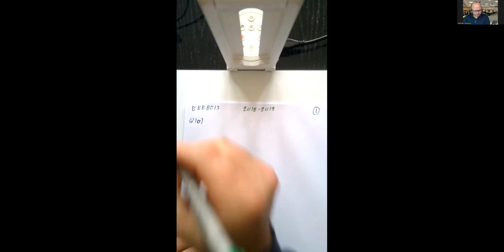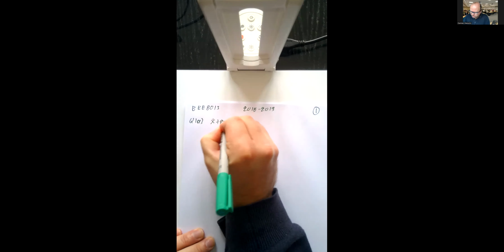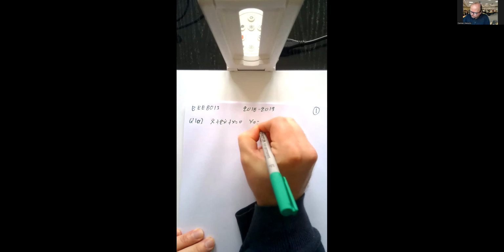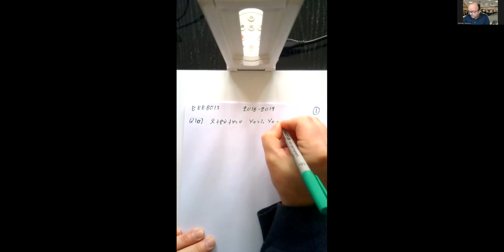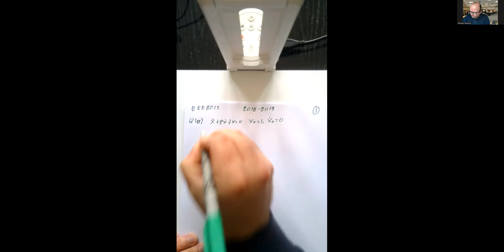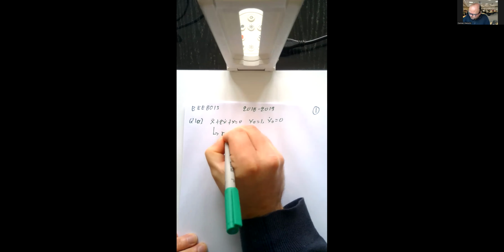Excellent. So the ODE is x double dot plus 2x dot plus x equals 0, and the initial conditions are 1 and 0. From this ODE, I can immediately go to the characteristic equation.